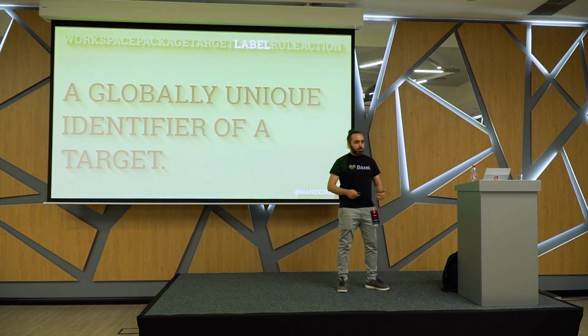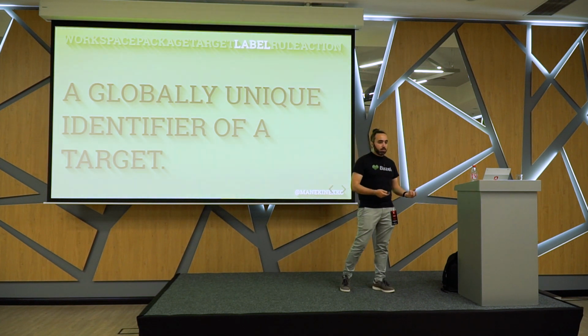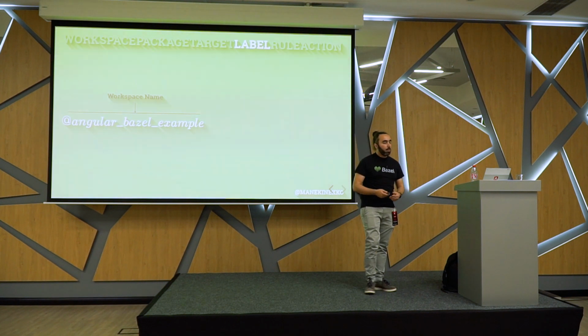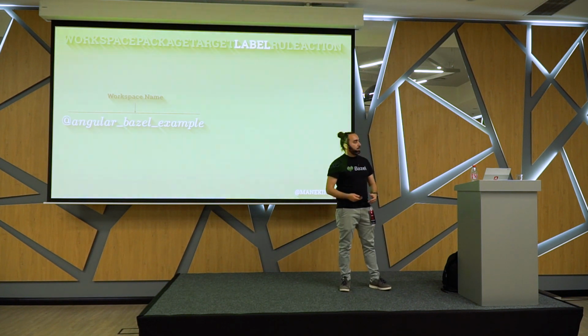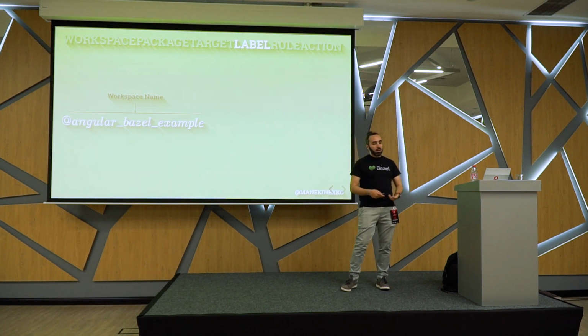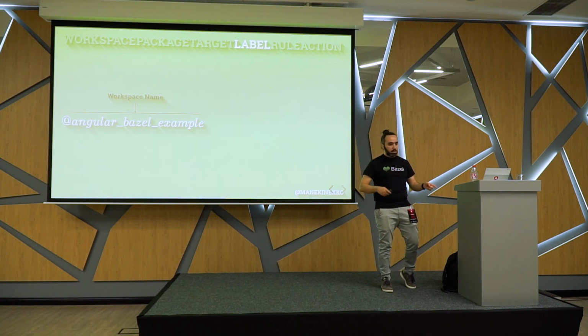Next concept is label. Labels are a unique identifier of a target, and it should be globally unique. It's really important. Here's an example of a label. Here we have a workspace name, at something, Angular Bazel example, which is used in reverse DNS names.